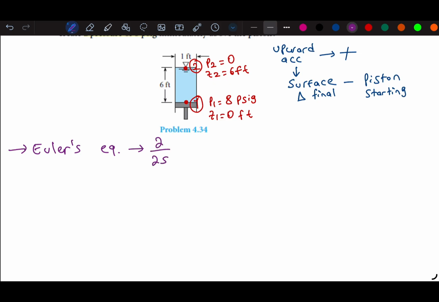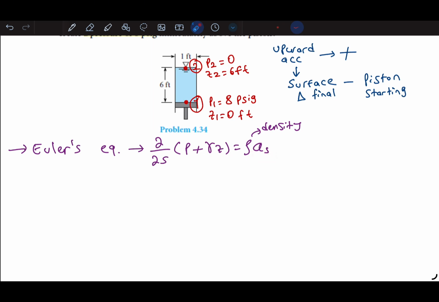d over ds, and this is density. Actually, let me write S because we are using S as the distance definition.